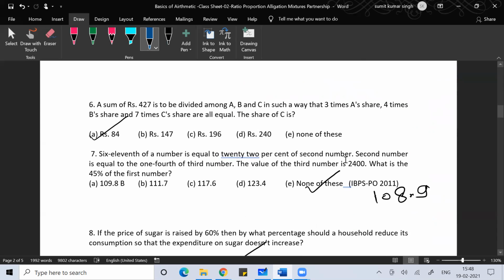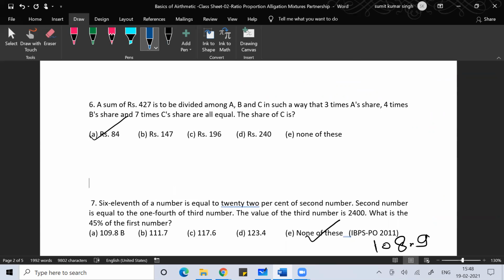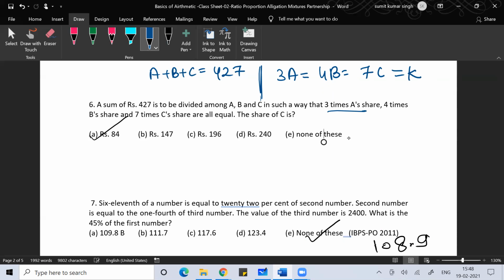Question number 6. A sum of 427 is divided among A, B, C such that 3 times A's share, 4 times B's share and 7 times C's share are all equal. A very easy problem.